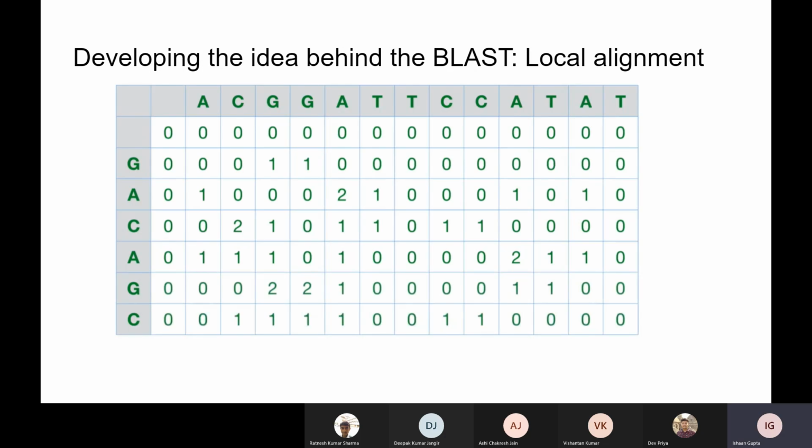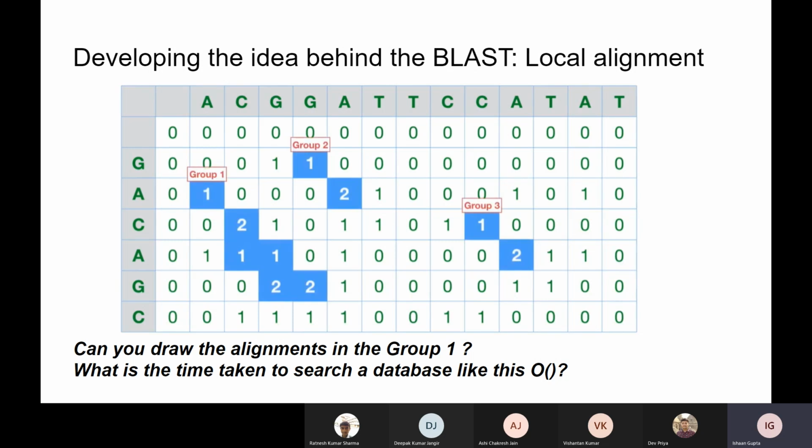Now, before we actually go and develop the BLAST alignment, let's first look at what the real local alignments possible are. So we run the local alignment algorithm that we have discussed before and make the matrix. And then when we backtrack, these are the alignments that you get.